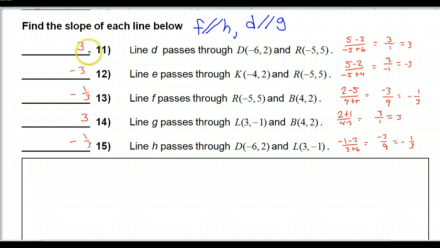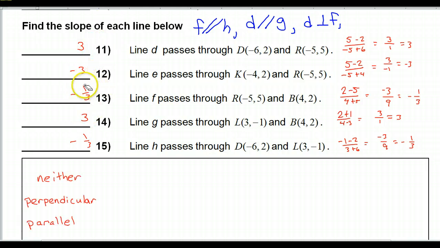So, here's an example of perpendicular. 3 and -1/3. Those are opposite in sign and reciprocal: 3/1, 1/3. So, for example, line D and F would be perpendicular. So D is perpendicular to F. Anything else? Let's see.